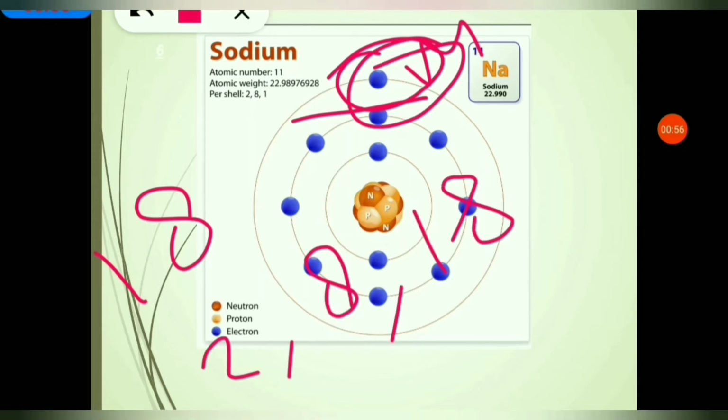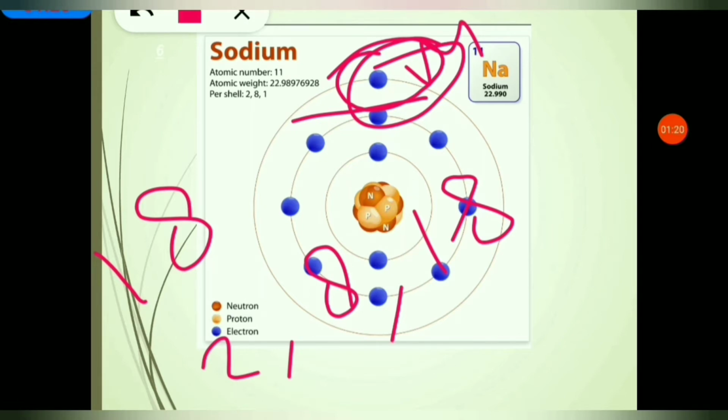And here there is only one electron. Now this shell is incomplete. So in this situation we say the atom is unstable, because it will look forward to gaining electrons to complete its outermost shell.